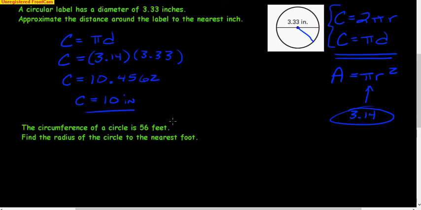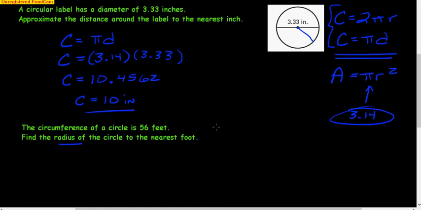That's pretty straightforward. In this next one, they give you circumference, and they want you to find the radius. So again, I'm going to go over to these two formulas and pick appropriately. I want to find radius, so I'm certainly not going to pick the one with diameter in it.